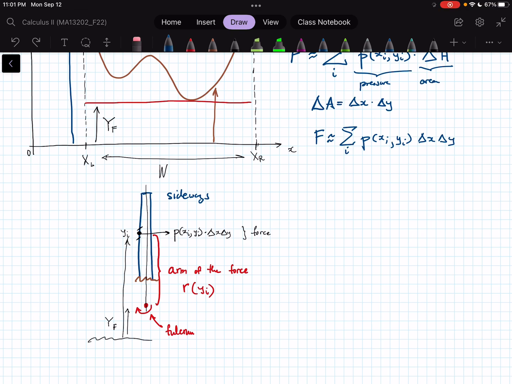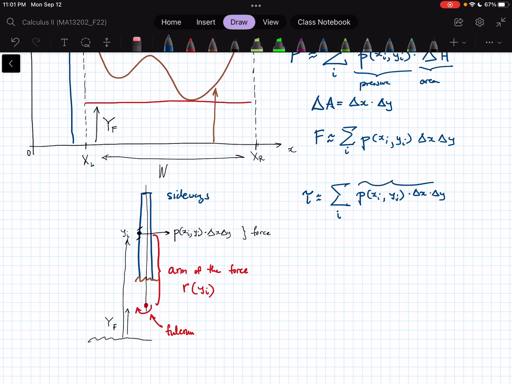to calculate the torque, we're going to perform the similar approximation as we did before. We're going to be adding the force, which is P xi yi times delta x times delta y.